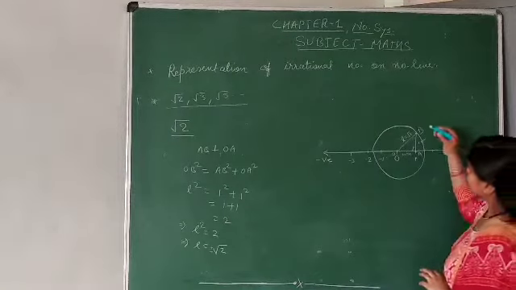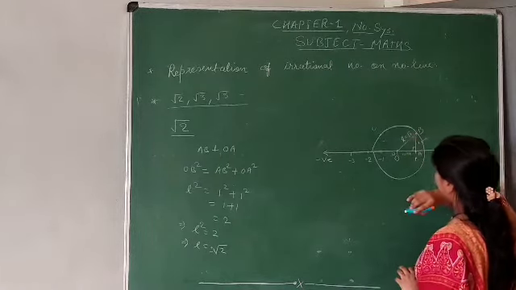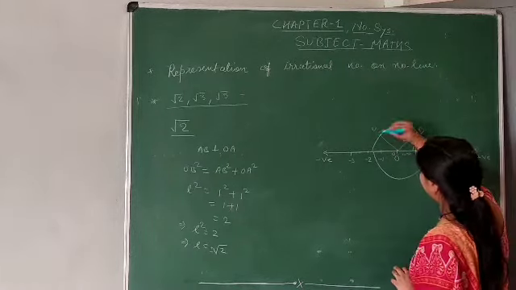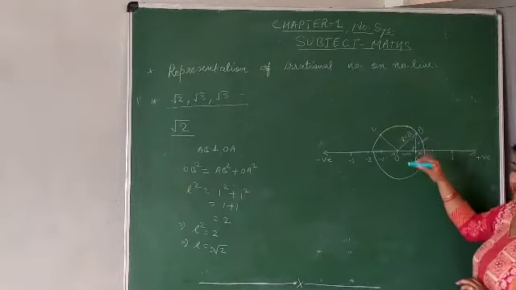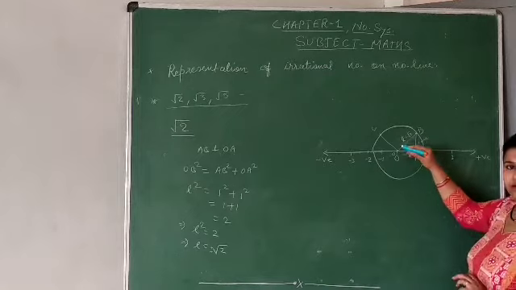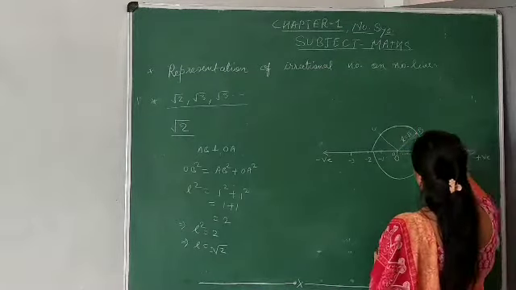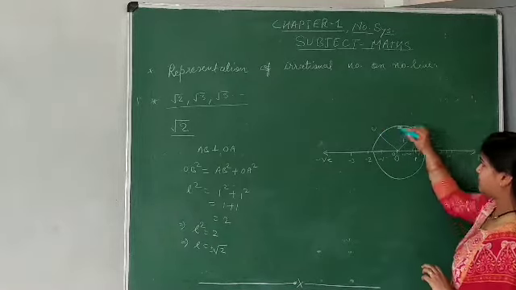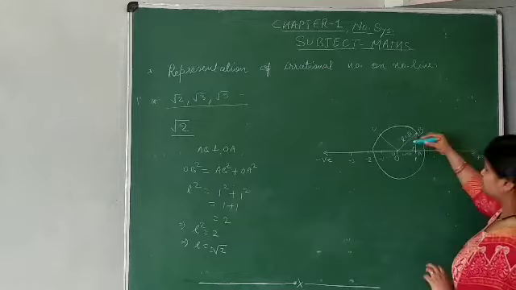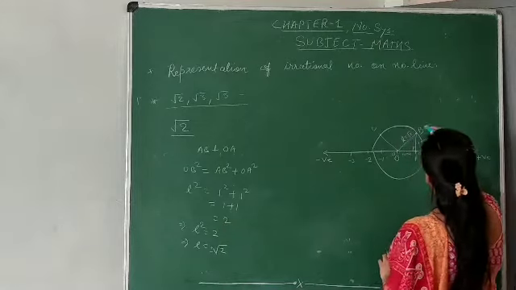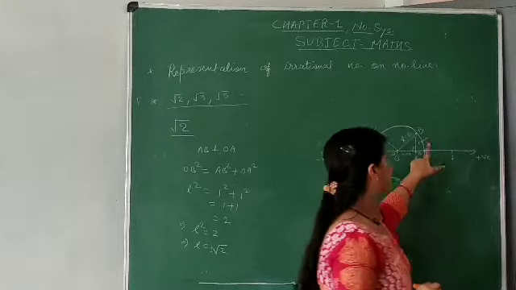Suppose we take a point C on the boundary of the circle, then OC is also the radius, because it is a circle and the distance of every point on the boundary of the circle from the center is equal, that is called the radius of the circle. So OC is equal to OB. Similarly, we take a point D on the number line, so OD is also root 2.